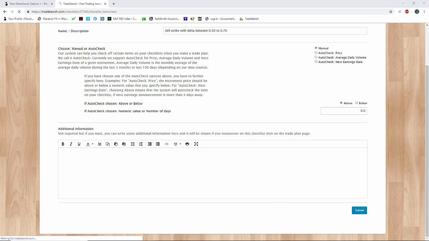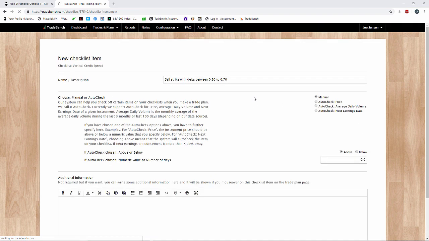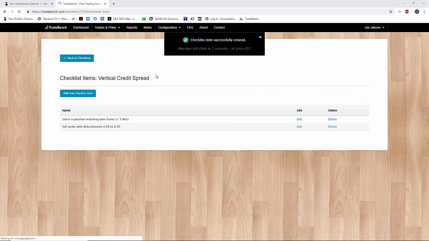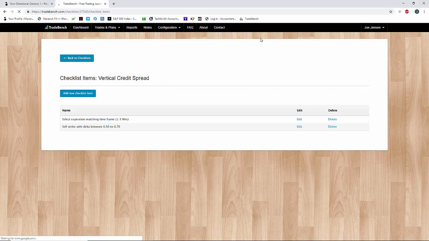I'm going to set up the next one, which is the buy side. Once again, the rendering is a little bit slow. Hopefully we can pick the pace up here once we go to select our trade, because I've already got a couple mapped out. All right, there we go.